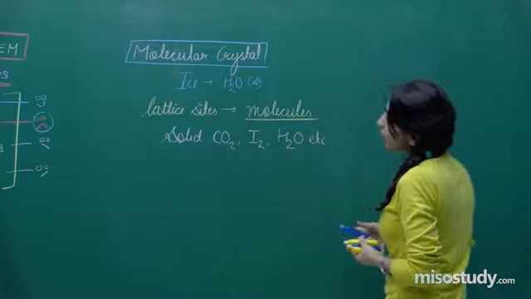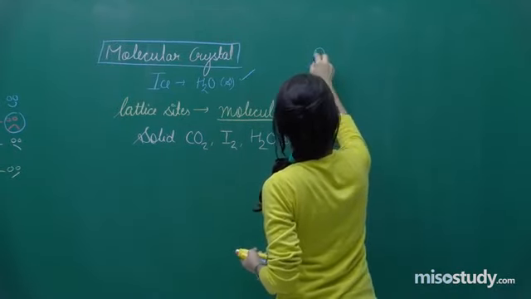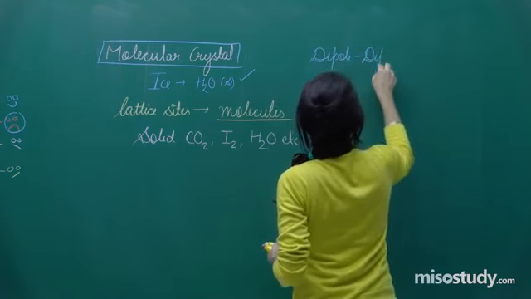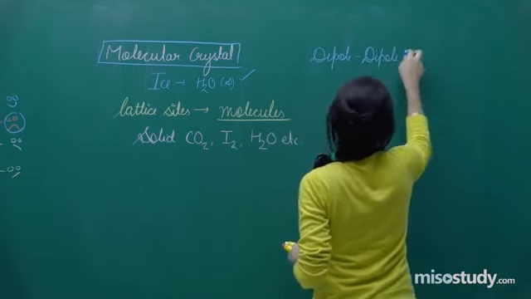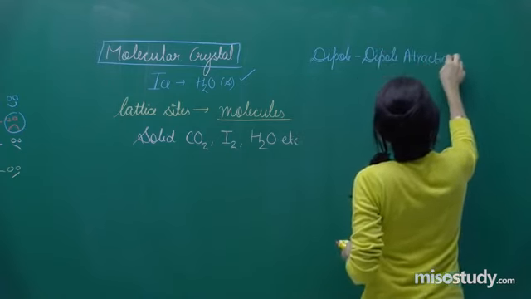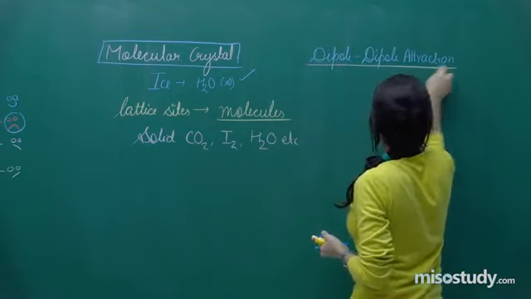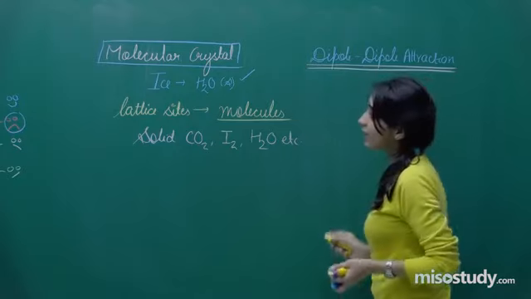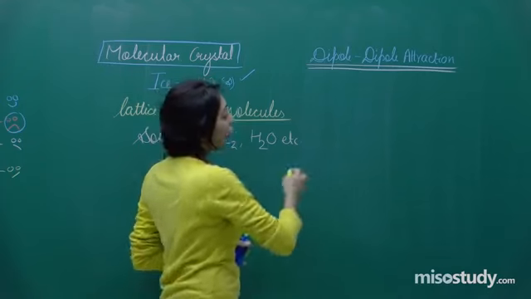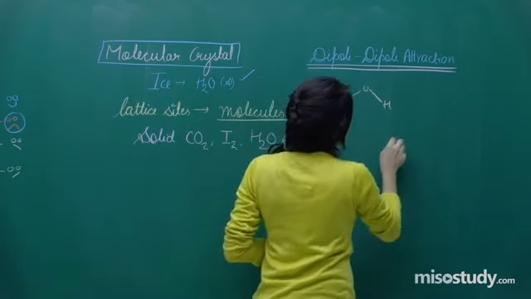Okay? So if I talk in the case of water, there can be dipole attraction. So there are chances of dipole attraction taking place in the case of water as a solid in the crystal system. Now see, this we have done in chemical bonding as well, right?